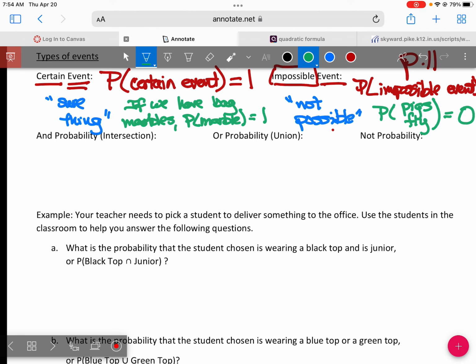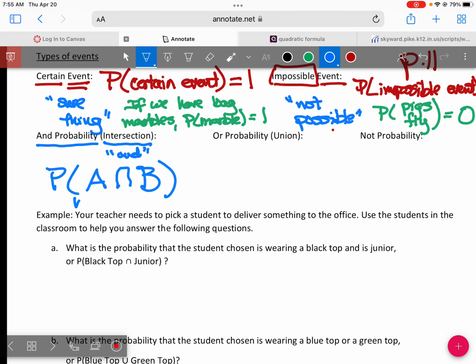Okay, so in probability, we're just reviewing this a little bit. And probability means the intersection. That is the probability of A and B. Remember, and it looks like an N. A and B. If you say it quickly, it sounds like an N. A and B. Has to happen for both. Okay?